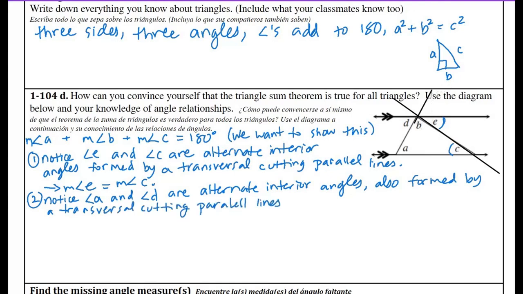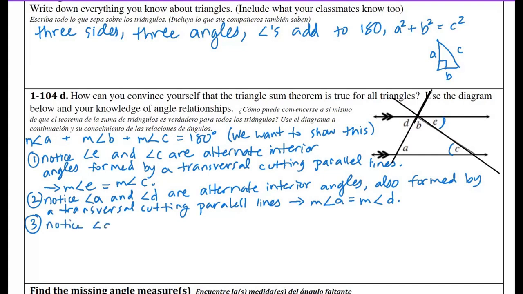This transversal is from that side of the triangle. And therefore, the measure of angle A is equal to the measure of angle D.